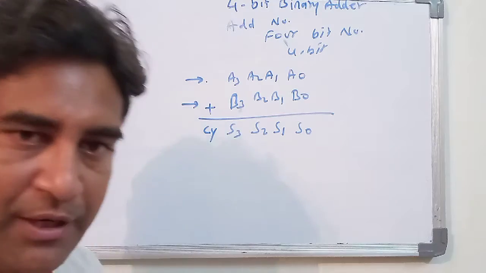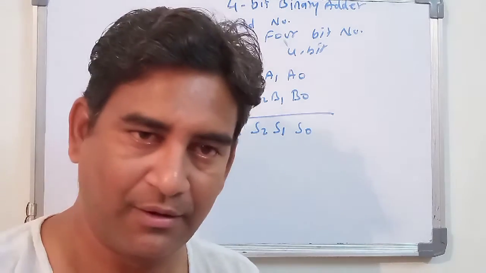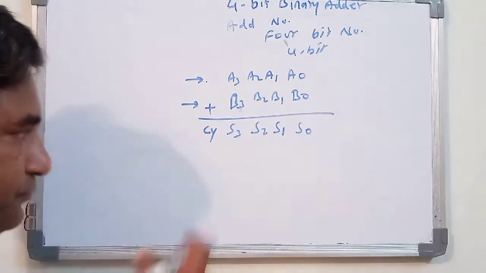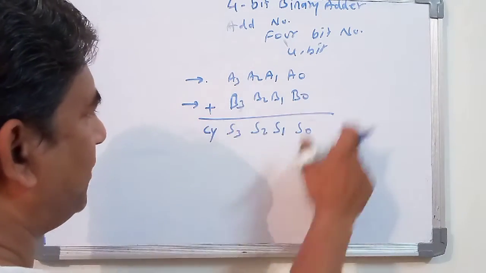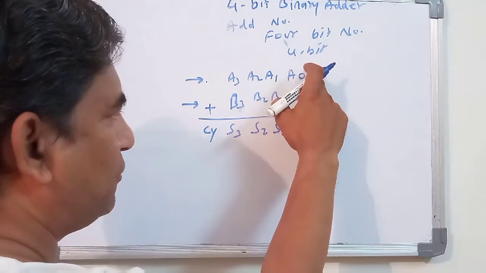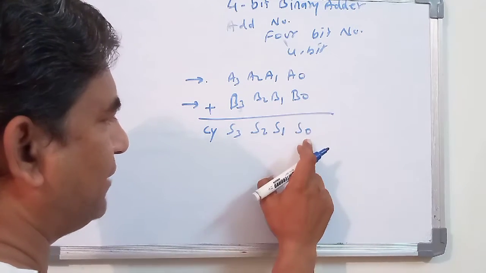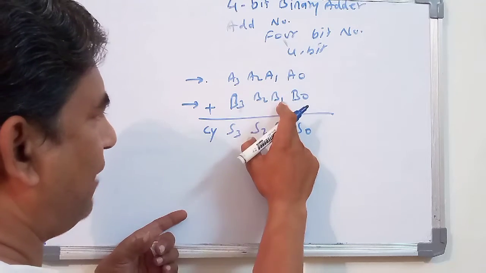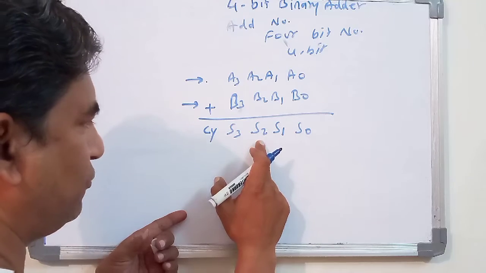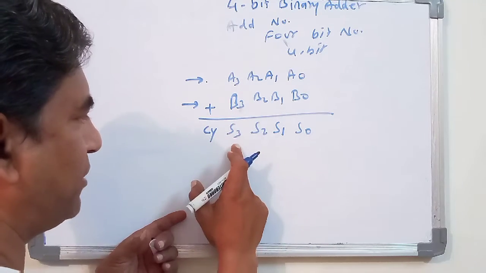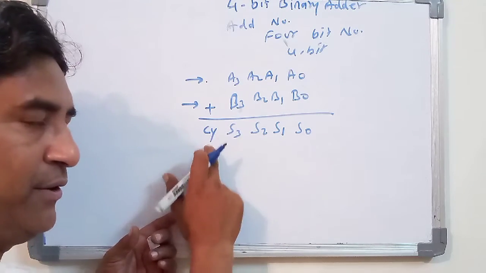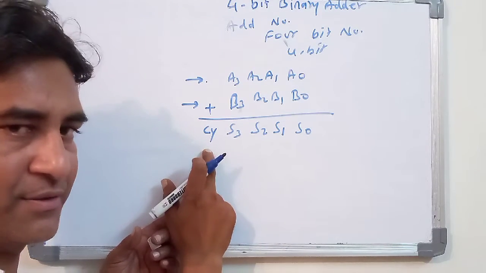That carry may be written as CY, or you may write it as a simple C. From this formation, you understood that A0 and B0, after adding, give S0; A1, B1 give S1; A2, B2 give S2; A3, B3 give S3; and at the end the carry is generated.